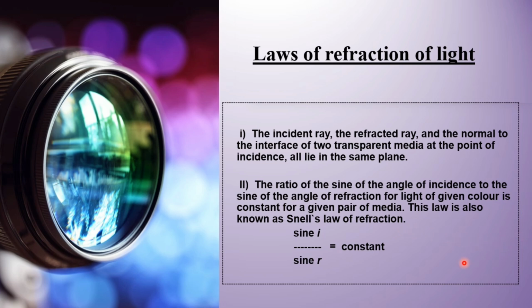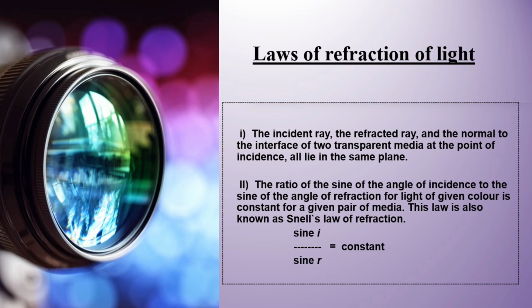In the second law, the ratio of the sine of the angle of incidence to the sine of the angle of refraction for light of a given color is always constant for a given pair of media. This law is also called Snell's law of refraction. So sine i by sine r is equal to a constant, and this constant is called the refractive index.